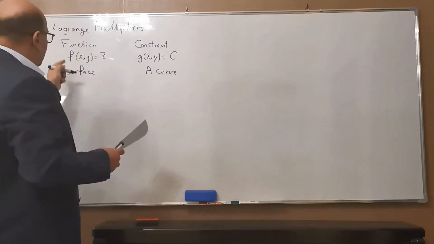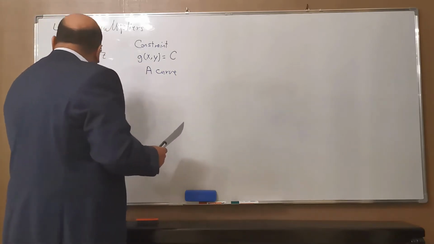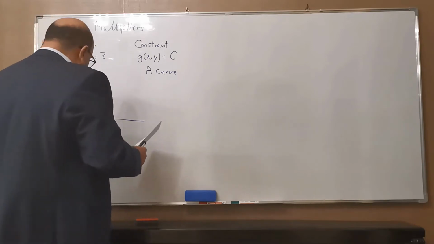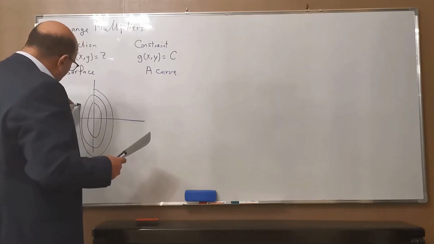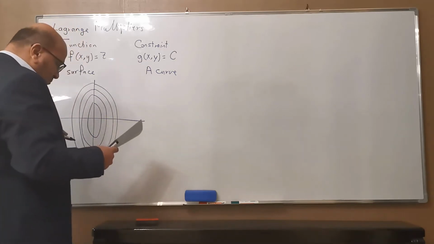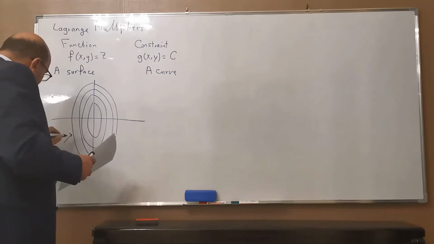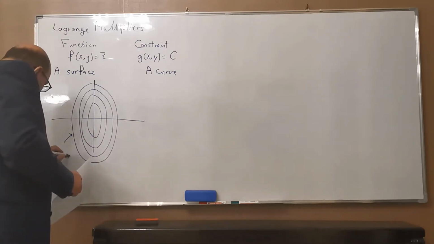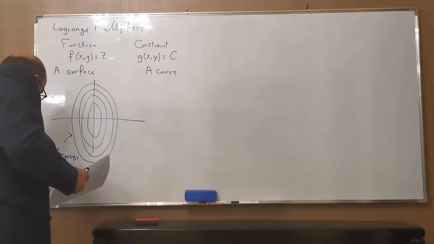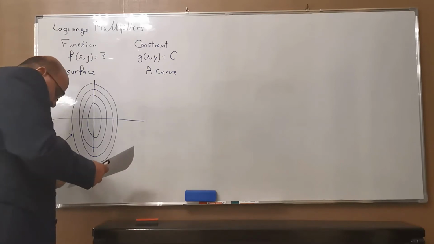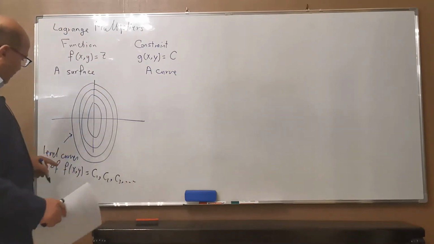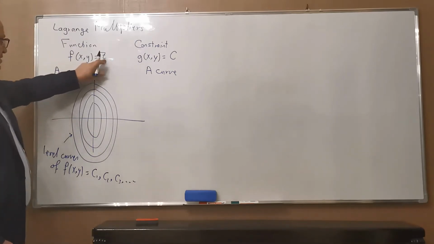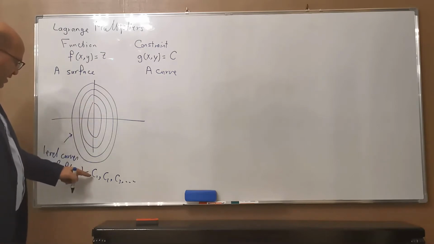Okay, let's visualize what's happening here. If we assume that we have this function to be optimized that has those level curves, so those are level curves of f of x and y equals c1, c2, c3, etc. So to find the level curves of a function, we fix z to a certain value, draw all the values that have the constant c to be at this value.